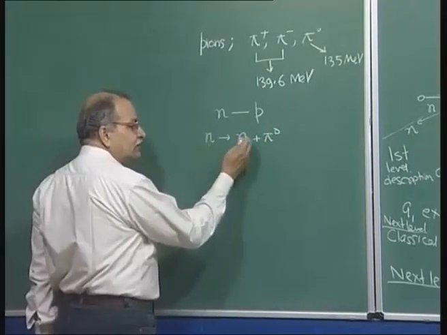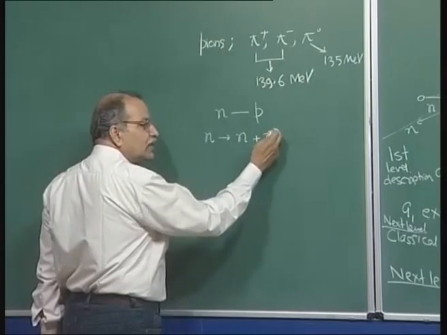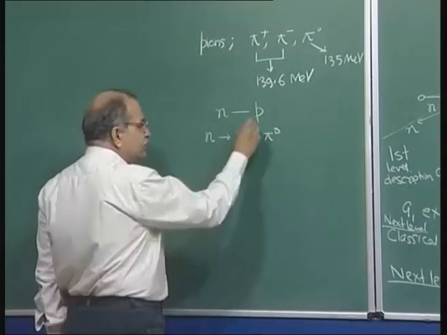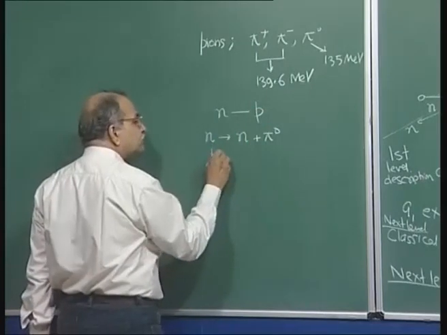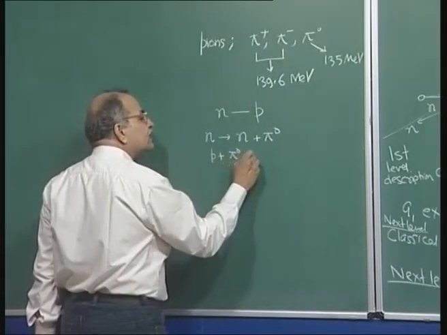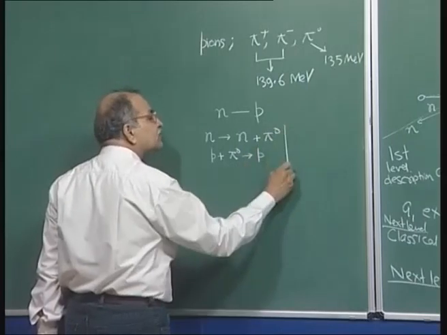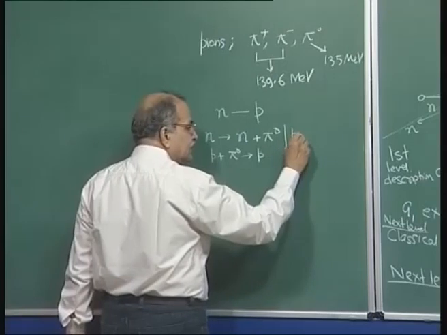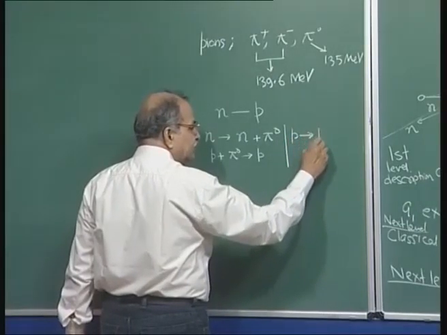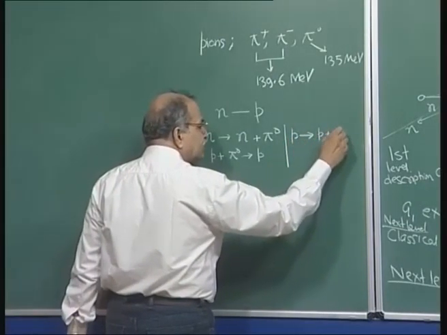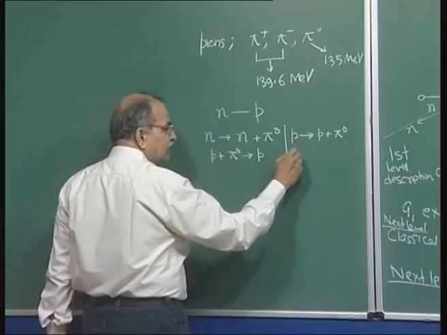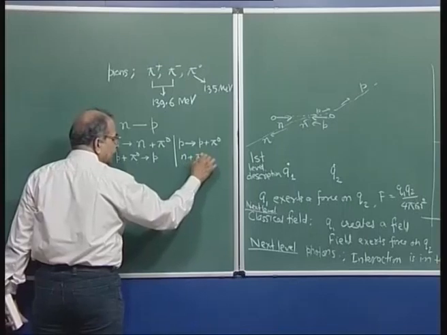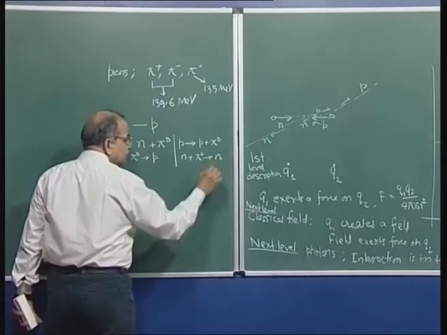N can emit a neutral virtual pion and still remain a neutron, and this proton can absorb that and still remain a proton. And similarly, this proton can emit a neutral pion and still remain a proton, and this neutron can absorb that pion and still remain a neutron.